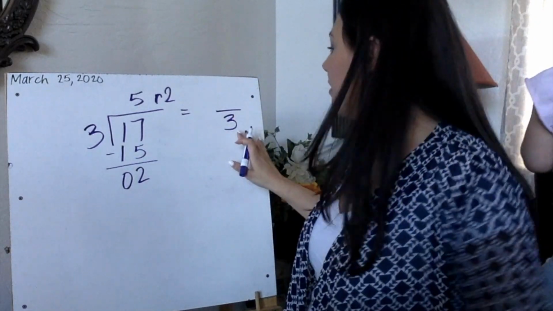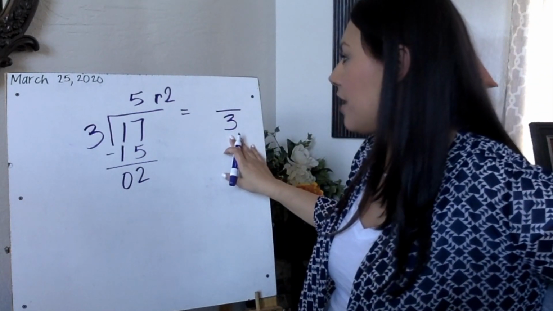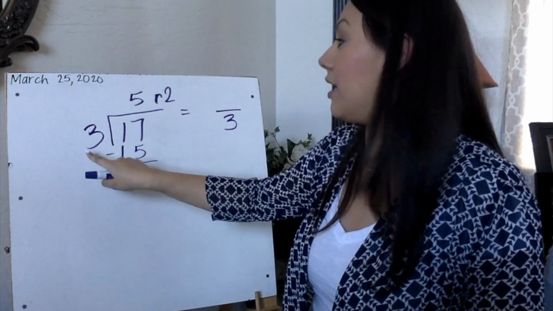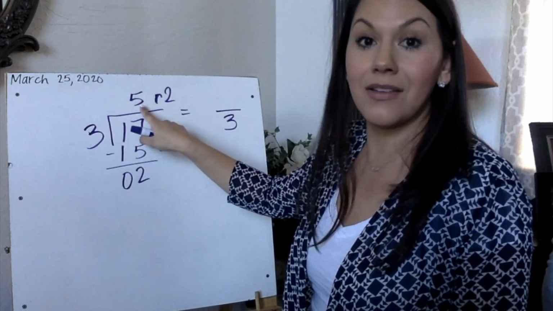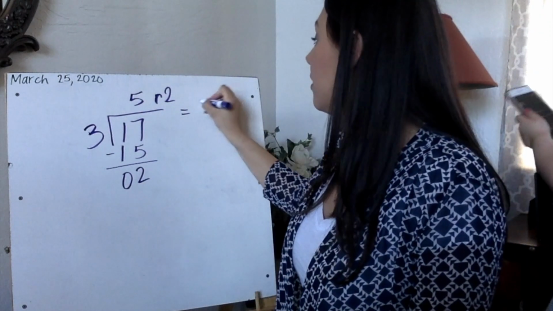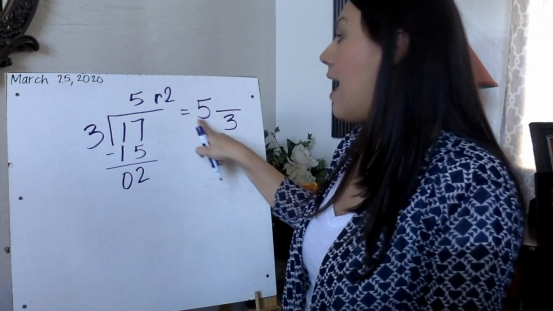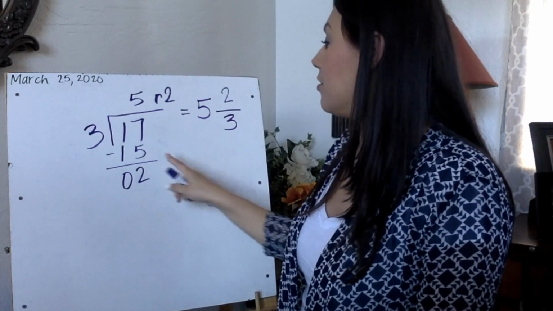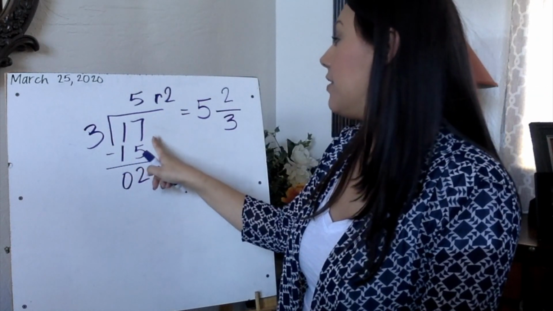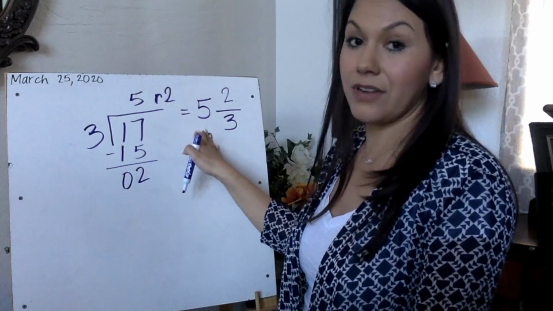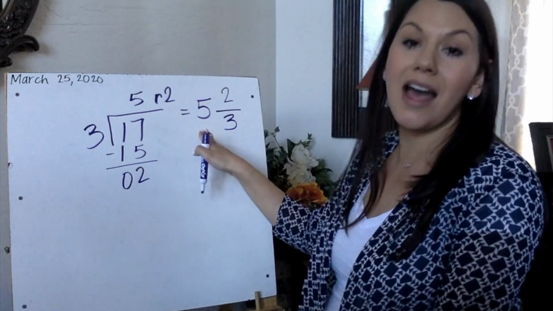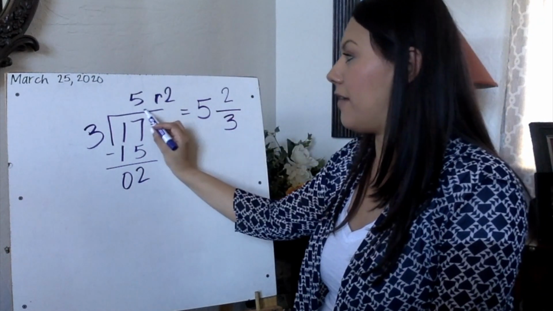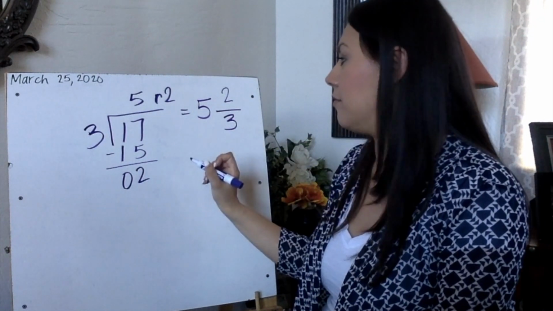That's going to be my denominator. How many whole times does 3 go into 17? 5 whole times. So that's my whole number. And how much is remaining? 2. So 17 divided by 3 as a fraction is going to equal 5 2/3. So we have 5 wholes and a remainder of 2.